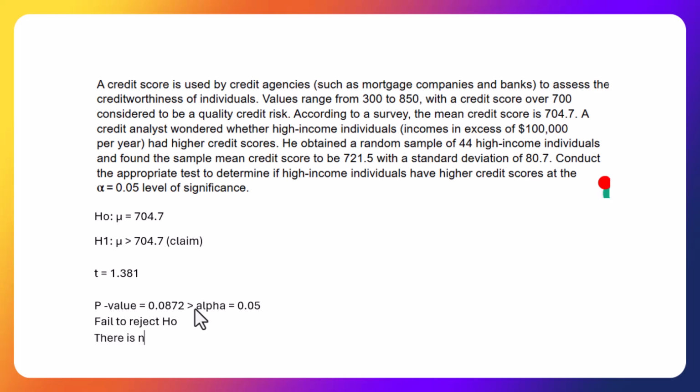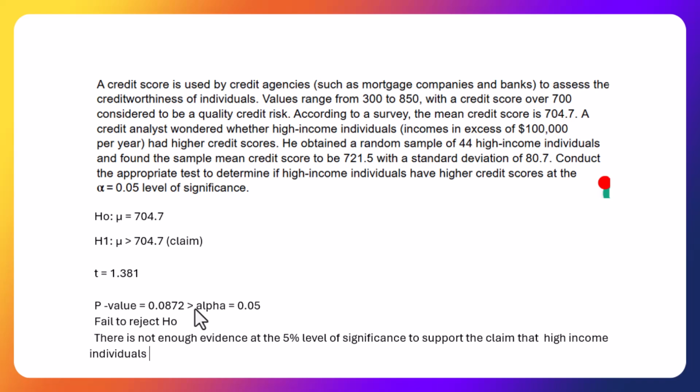So you state there is not enough evidence at the 5% level of significance to support the claim that high-income individuals have higher credit scores. Excuse me. That concludes the question.